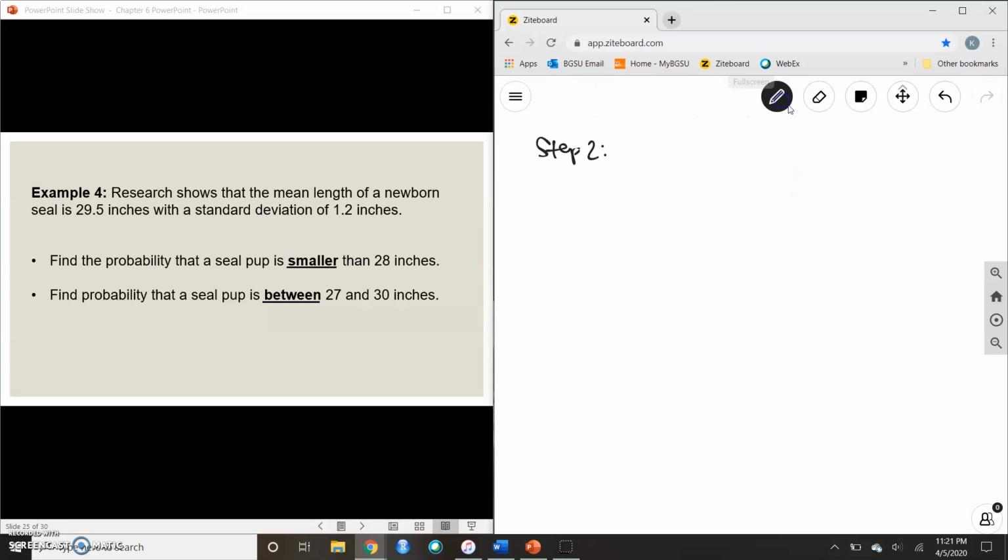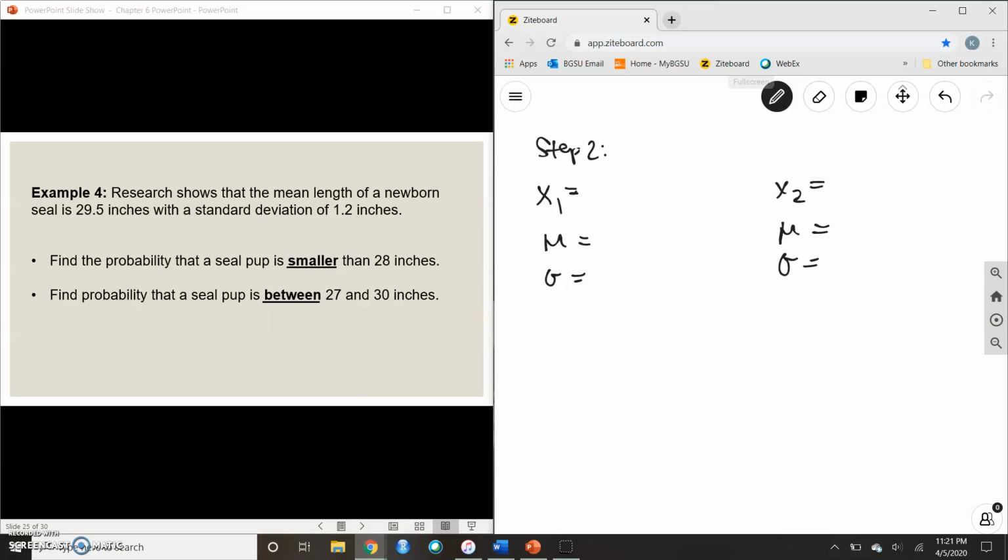Here, I'm going to call x1 my first value, and then I'm also going to have an x2, which is going to indicate my second data value. The mean and the standard deviation should be the same because we're dealing with the same data set.